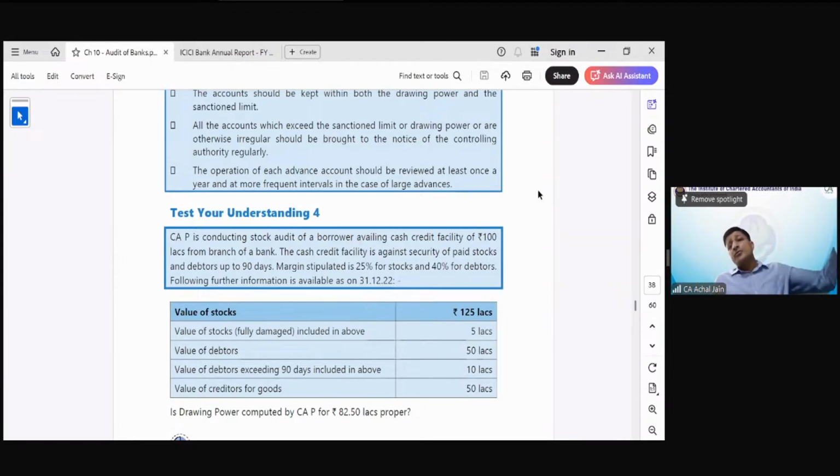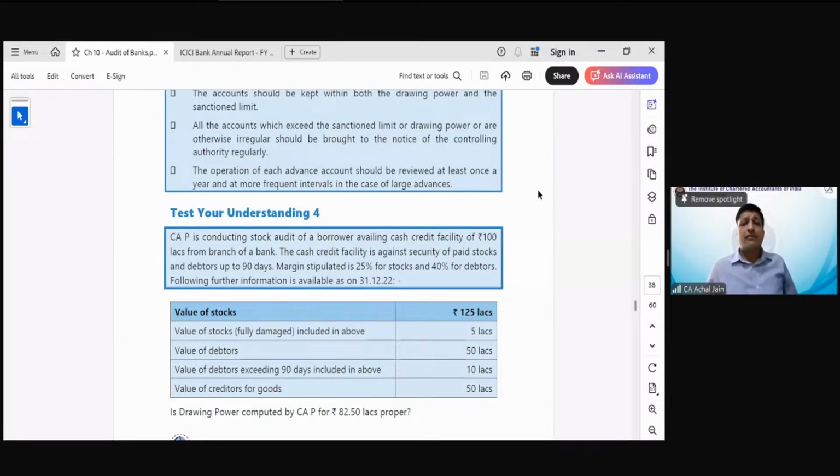Of course, you can refer to the previous calculation basis, but if you don't, that will be better. So now, with both these things in place, can you compute the drawing power and help me understand the final answer, whether this drawing power is correct?